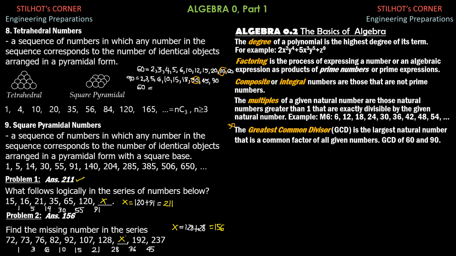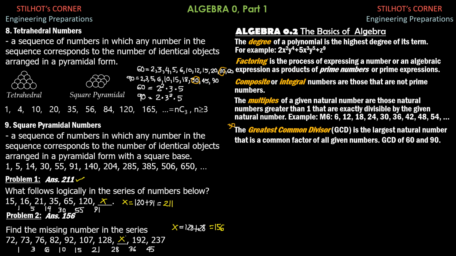So that is 2 squared, because these are prime factors, times 3 times 5. 90 on the other hand is 9 times 10, which is 2 times 3 squared times 5.